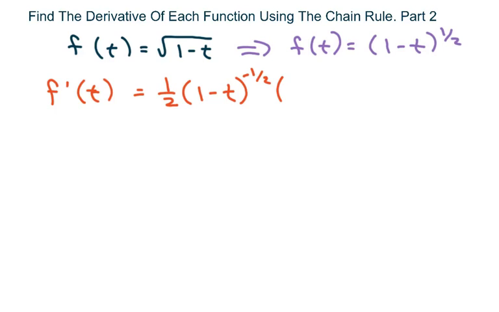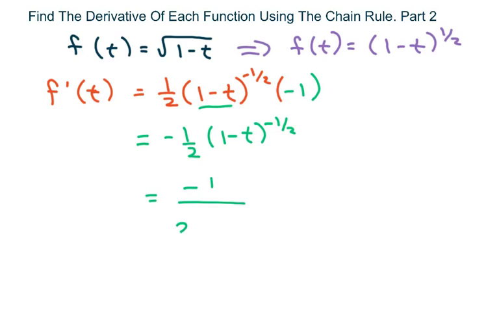Then you take the derivative of your inner function, which is negative 1. So this is going to equal negative 1/2 times 1 minus t to the negative 1/2, which actually equals negative 1 over 2 times the square root of 1 minus t.